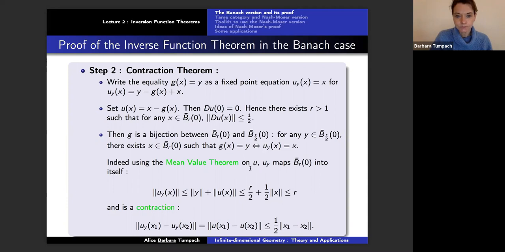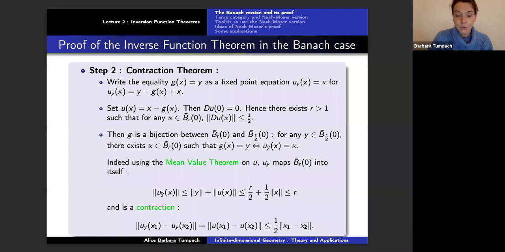So we use, first of all, the majoration here. We want to see that the ball of radius r is preserved by u_y, by the map. The ball of radius r is preserved, and it is a contraction.